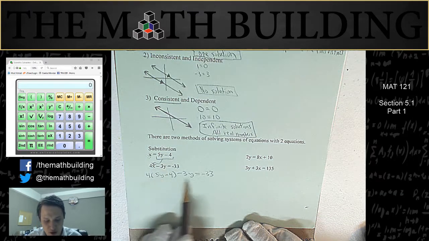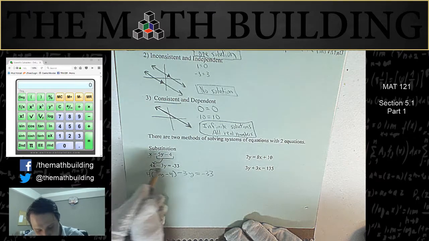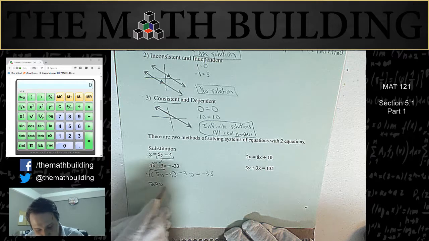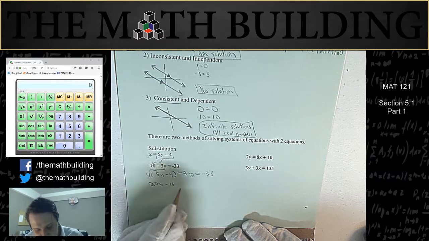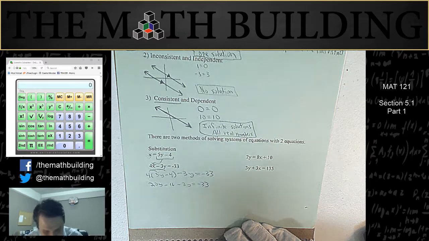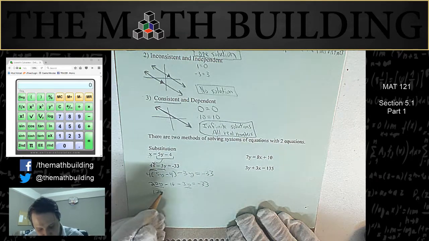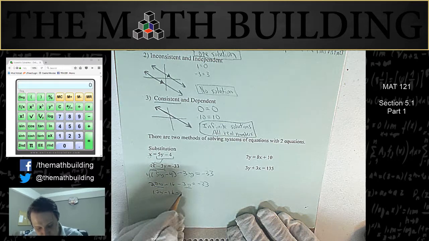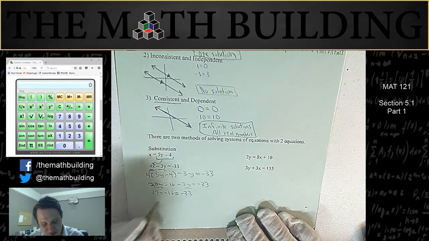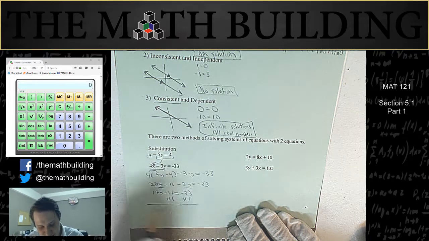And now you have one equation with one variable, and so now we can solve. Do the distributive property: 20y minus 16 minus 3y equals negative 33. Combine like terms. Hopefully this part's easy for you after doing it so much. So we get 17y minus 16 is negative 33. Add 16, add 16.